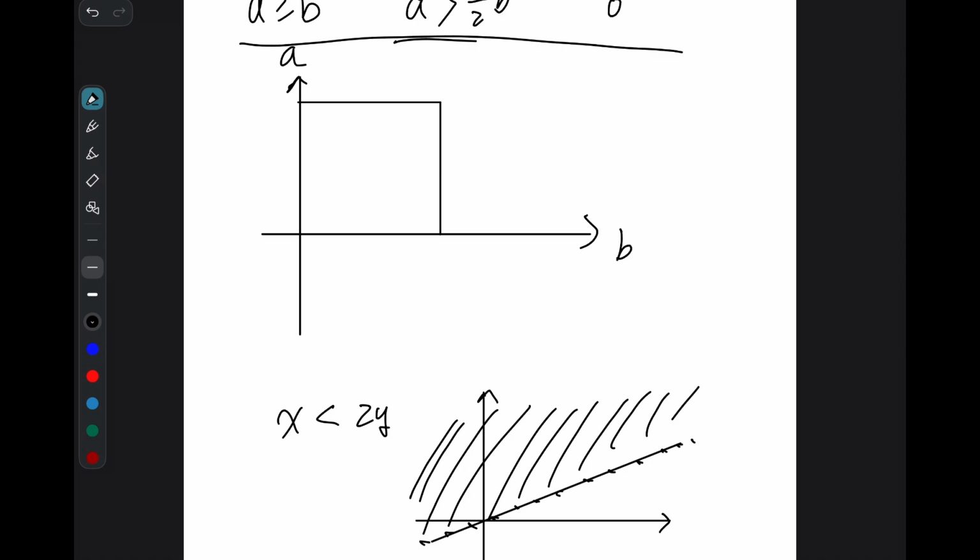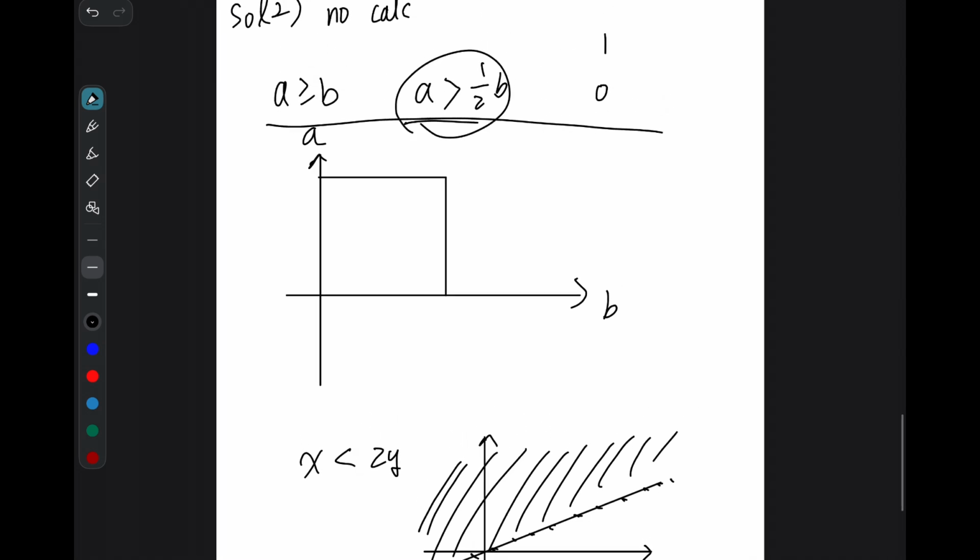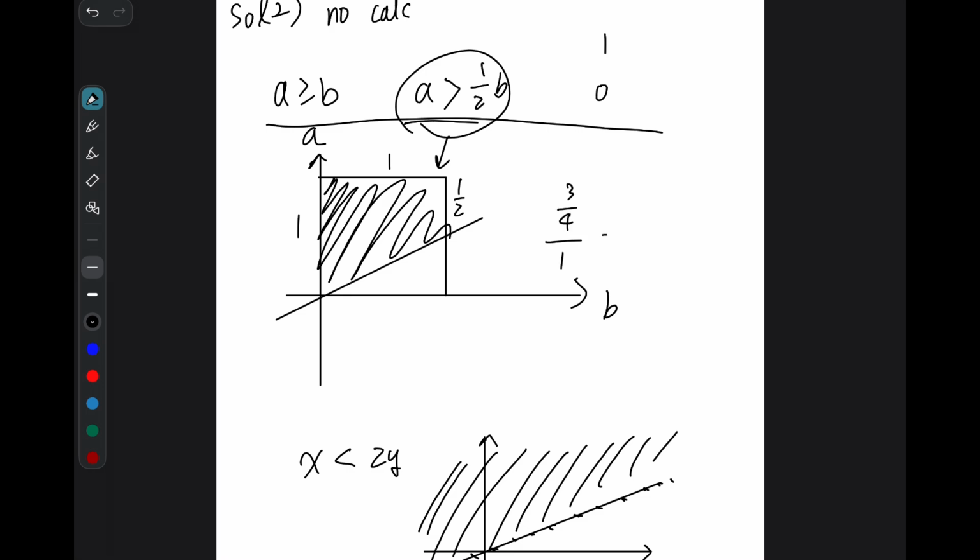So here, if we put this here, then it's just going to be like A is bigger than 1 over 2B, so the answer would be the area of here, let's say this is 1, for 3 over 4 over 1, so 3 over 4. We're dividing the total area from the included area.